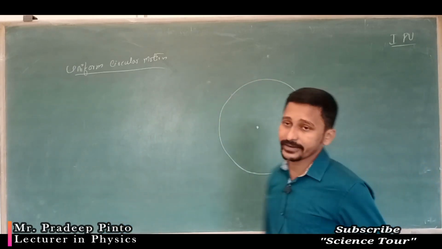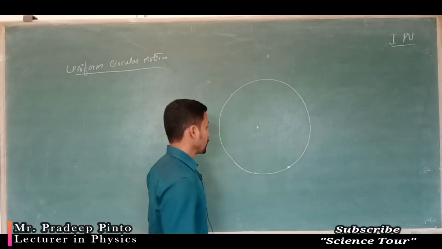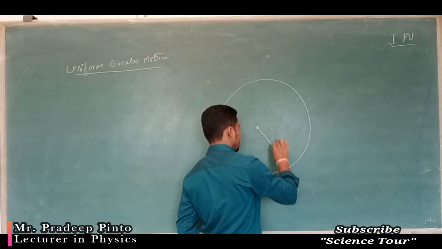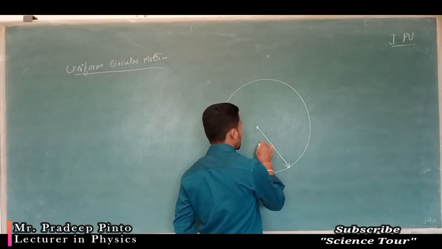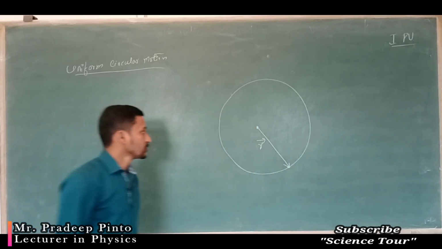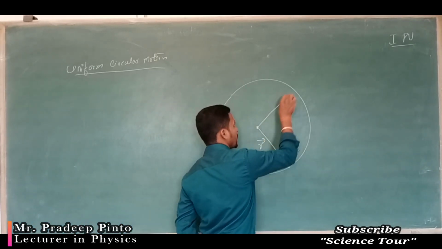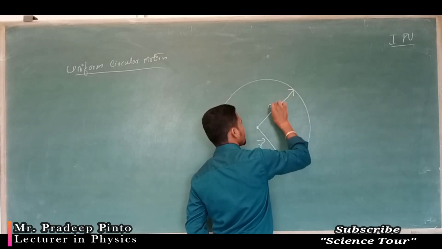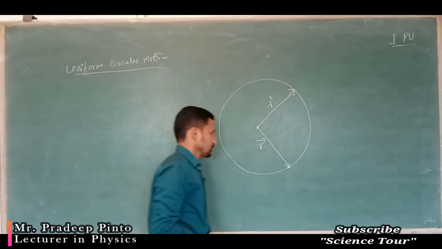So how are you going to find out? You are going to write down the position vector. At first, the position of this object is here, r vector. After some time, the position will be here, that is r dash vector.